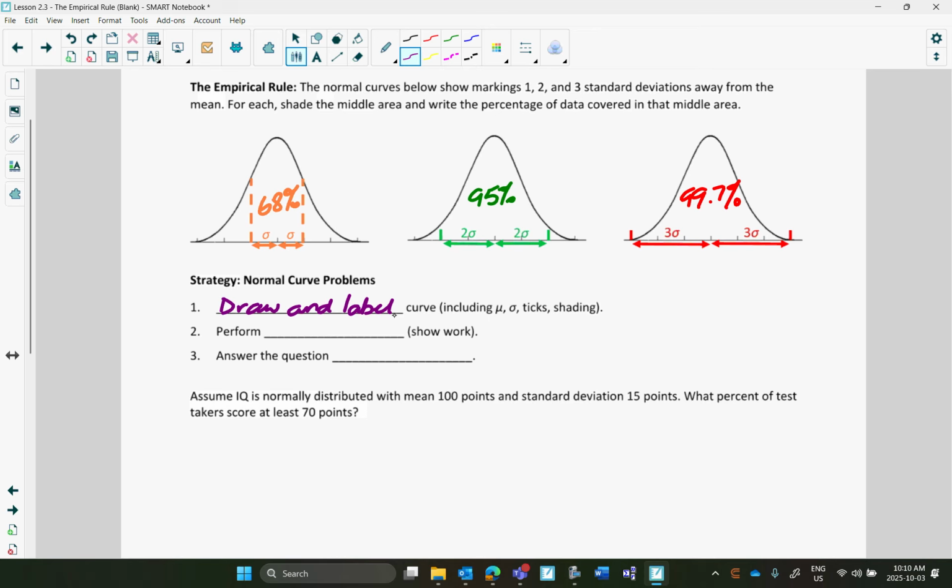Perform any calculations using these values. We'll see in a second. And answer the question always in the context of the problem.